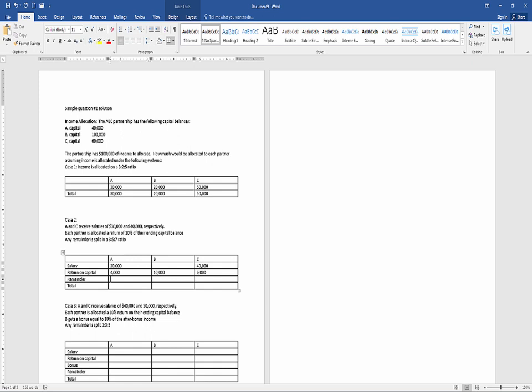Now whatever's left over, we're going to allocate in a 3 to 5 to 7 ratio. So far we've allocated $70,000 in salaries and $20,000 in return on capital, so we've allocated $90,000. There's $10,000 left, and that's going to be allocated in a 3 to 5 to 7 ratio.